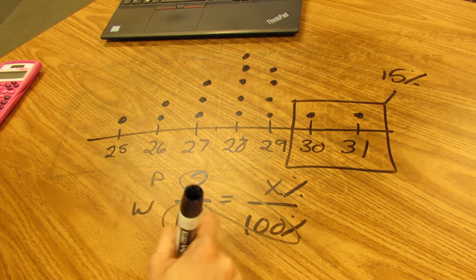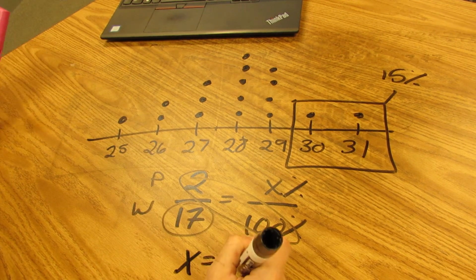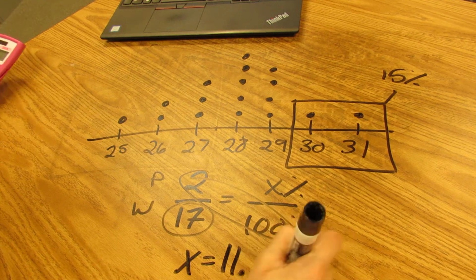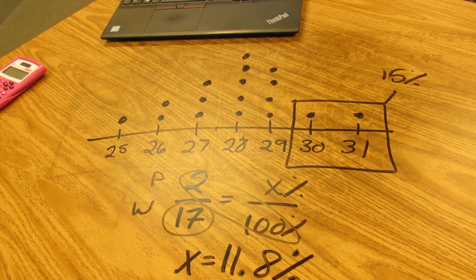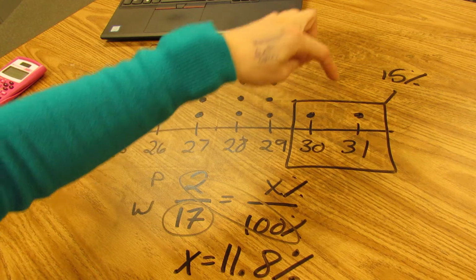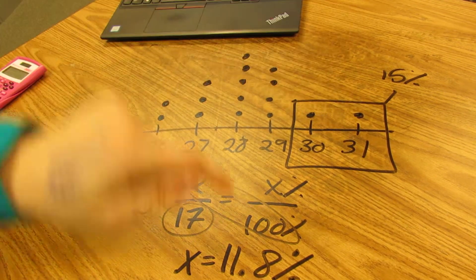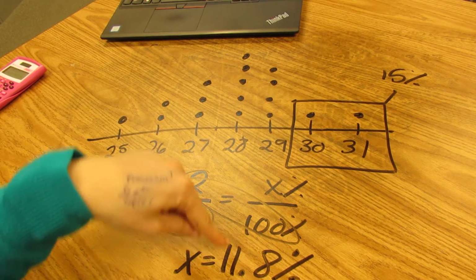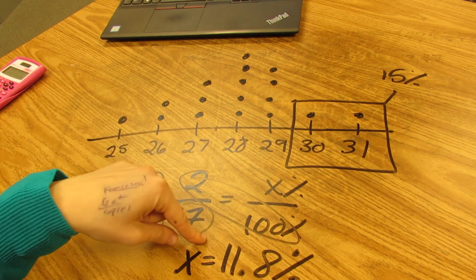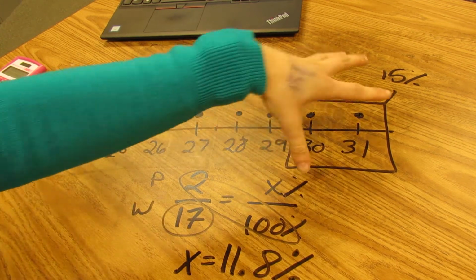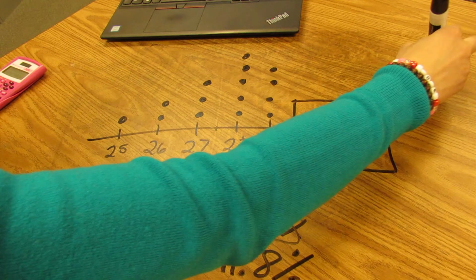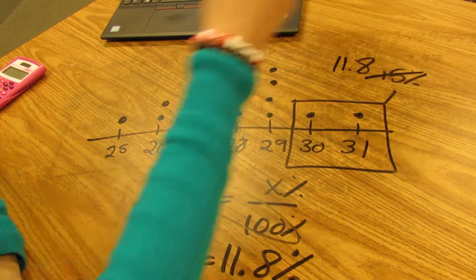We've got x is equal to 11.8%. Susie says that 15% of the boxes contain 30 or more. Susie is incorrect, because only 11.8% is contained in this section. So it's not 15, it's actually just 11.8.